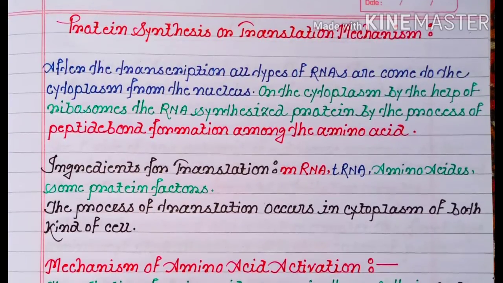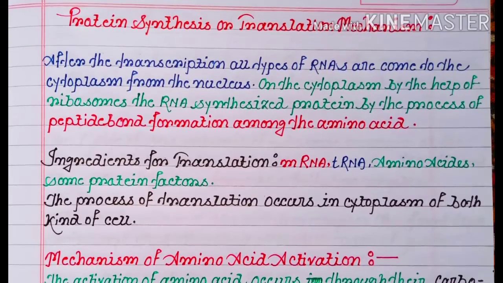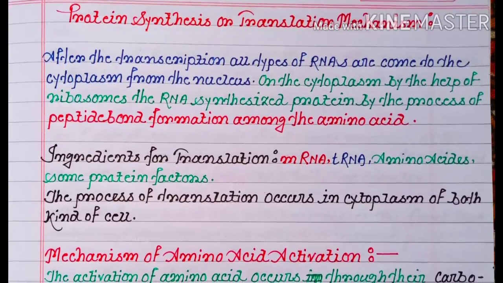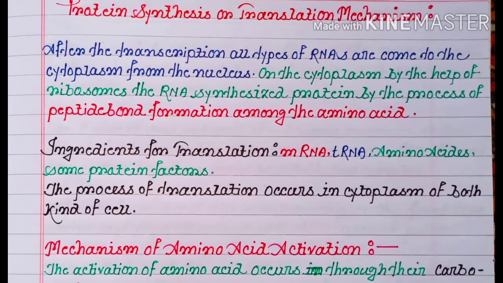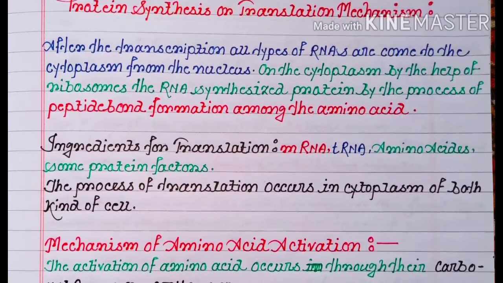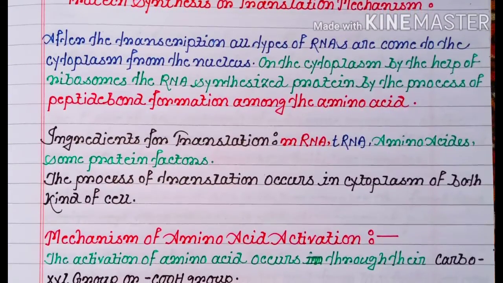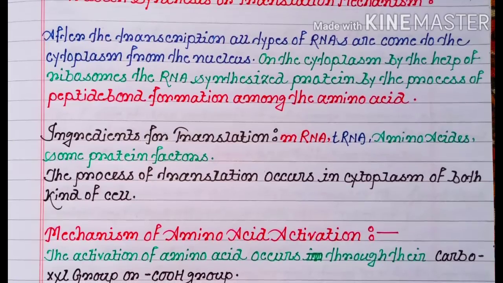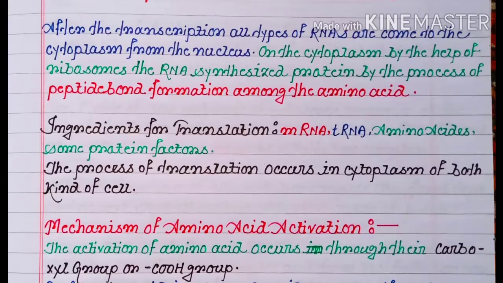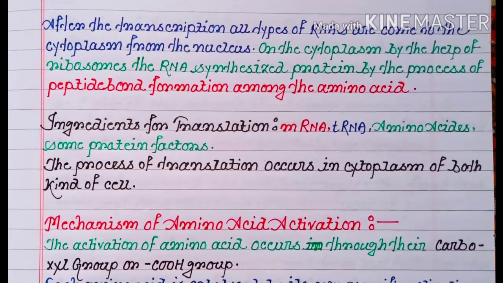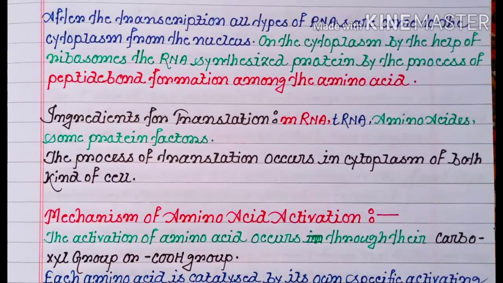At first, after transcription, all types of RNAs come to the cytoplasm from the nucleus. In the cytoplasm, with the help of ribosome, the RNA synthesizes protein by the process of peptide bond formation among the amino acids, and the process is known as translation.